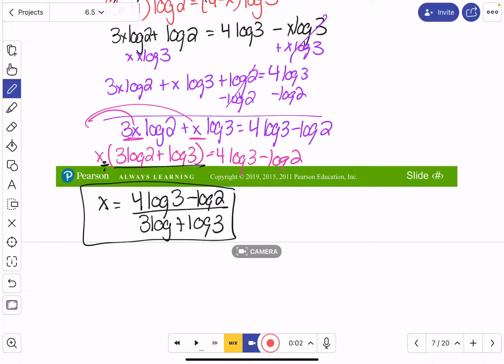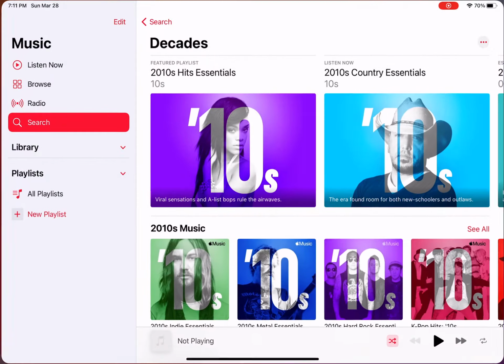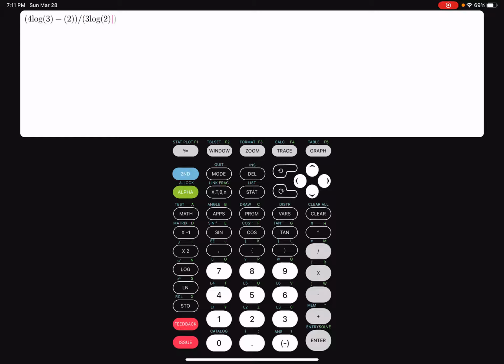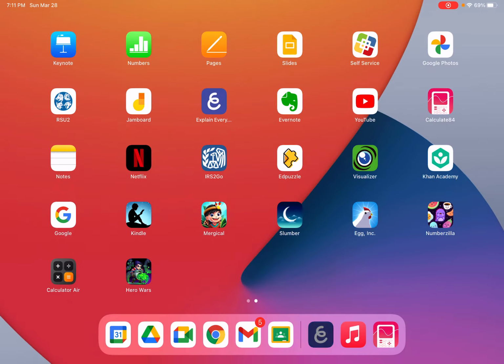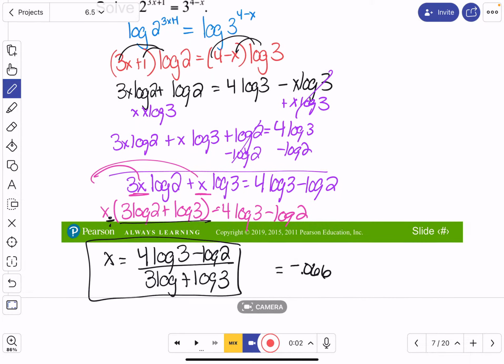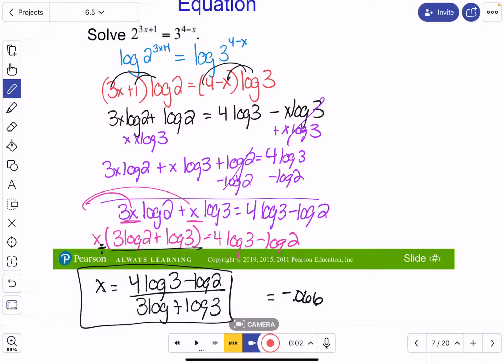If we wanted to type that in a calculator, we would just do in parentheses 4 log 3 minus log 2 divided by 3 log 2 plus log 3. And that would give us negative 0.066. So negative 0.066 is our approximate answer. So I'll bring that all together on one screen so you have it.